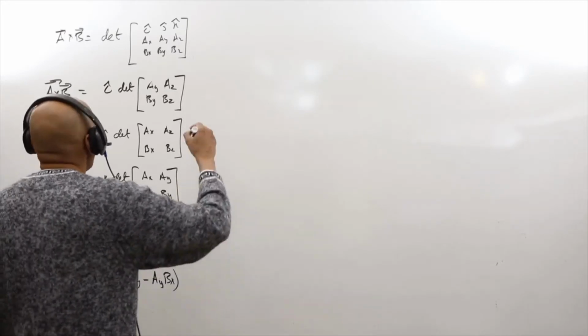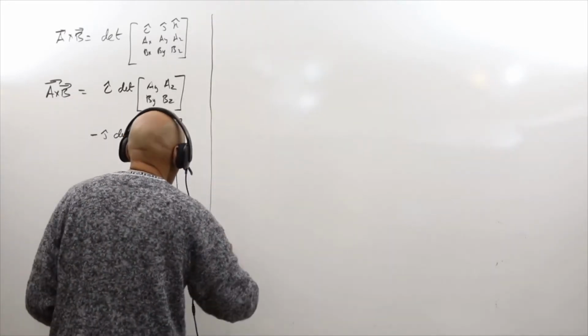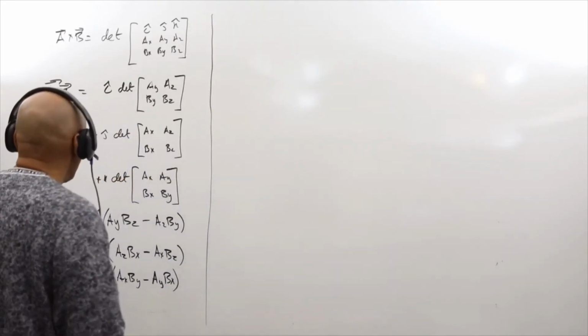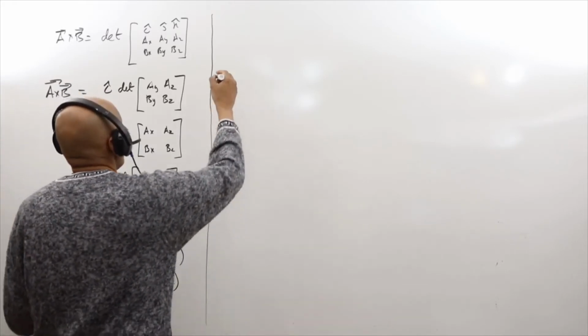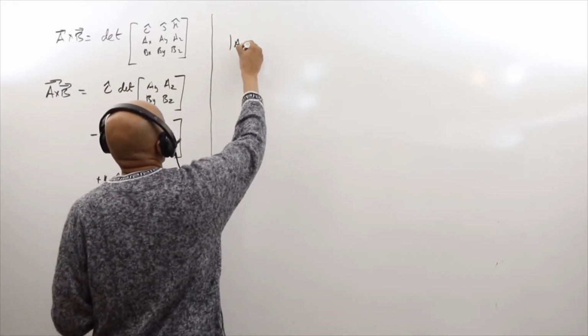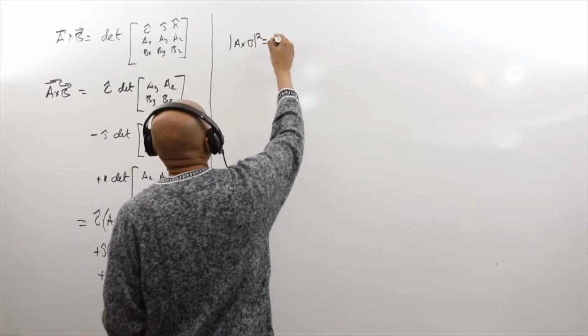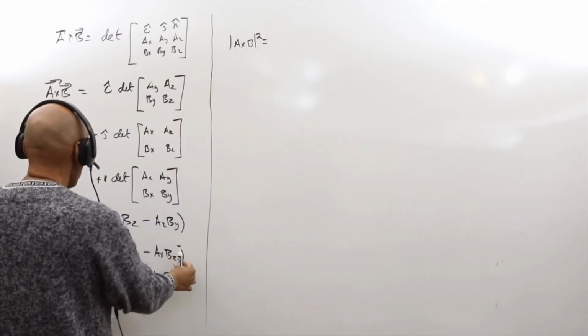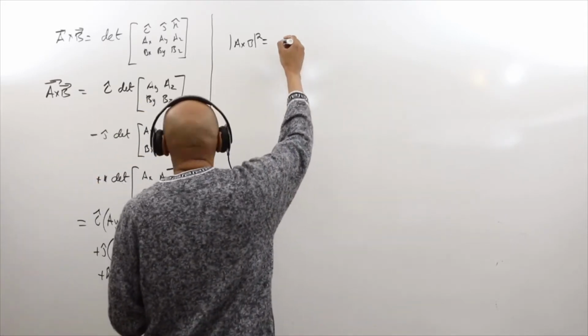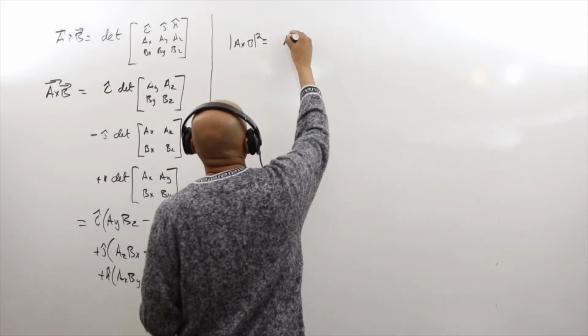Now the first step is to take the magnitude of this squared. So we're going to write this as the magnitude of A cross B squared, which is this squared plus this squared plus this squared. Hopefully there's enough space to deal with this.